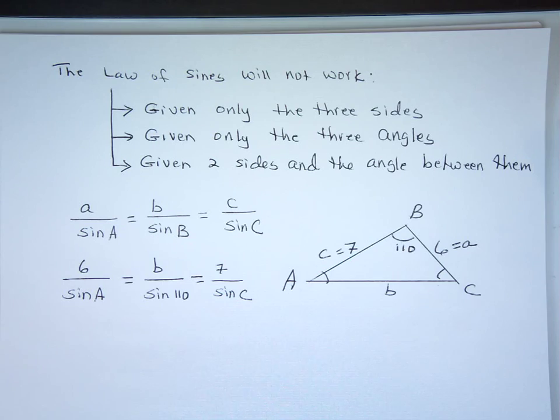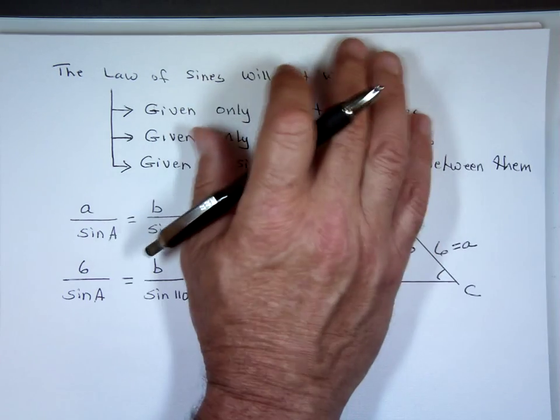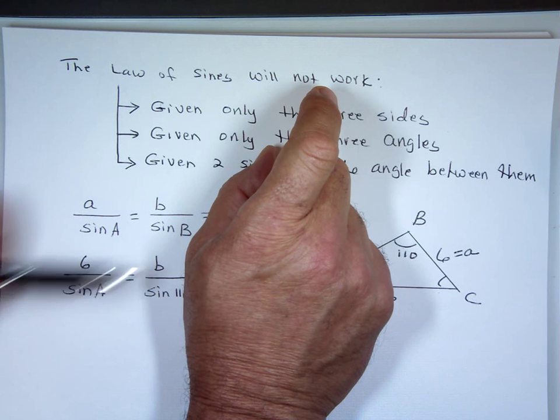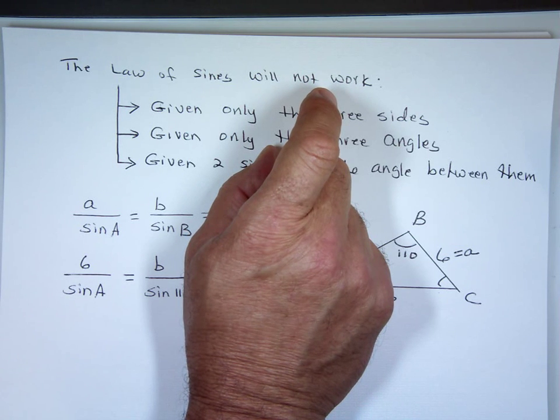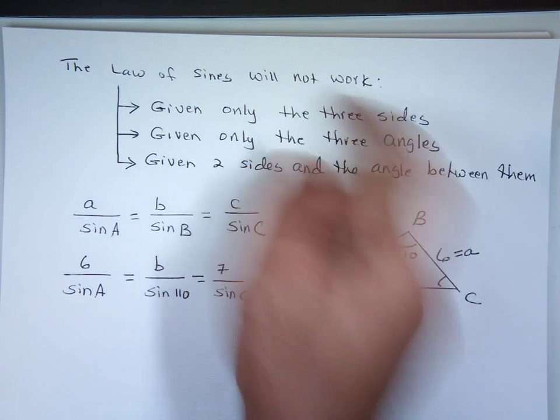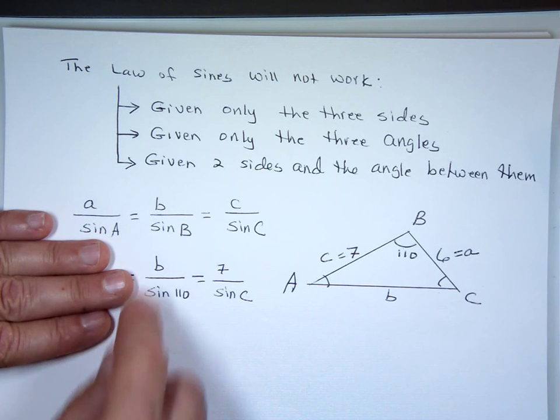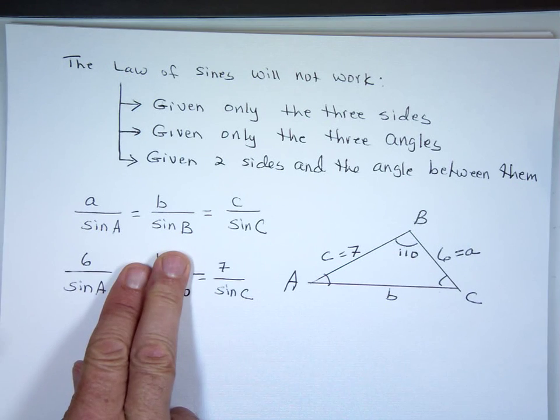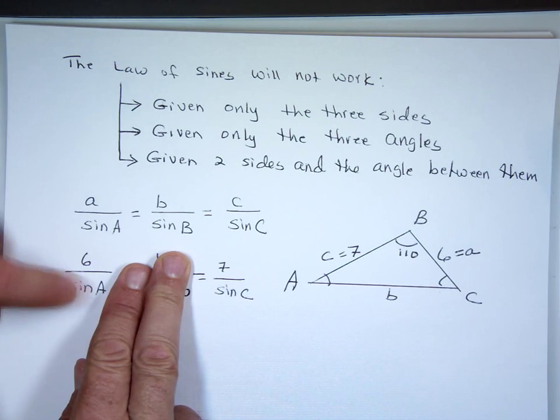If you take the first two, you get two unknowns, b and sine A. Can't solve it. If you take the last two, you have b and sine C. You can't solve it. If you take the first and last, you get sine A and sine C. A and C are unknown.